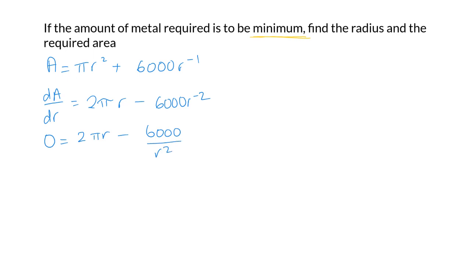So it's 0 equals 2 pi r minus 6,000 over r squared. Bringing that 6,000 over r squared across, we get rid of the minus. Now I'm going to bring the 2 pi across and divide by it. And I'm going to bring the r squared across, and we get r times r squared, which is r cubed.